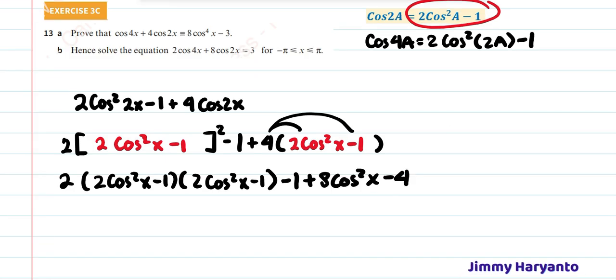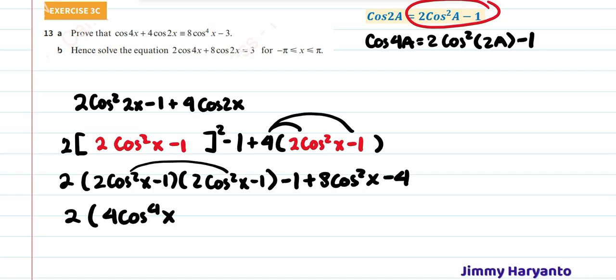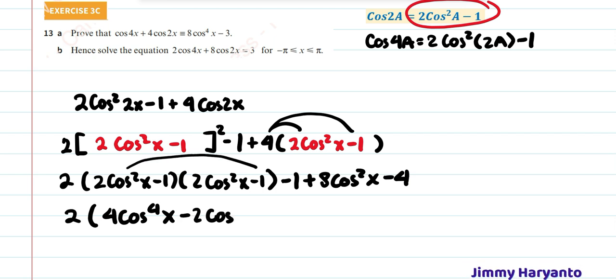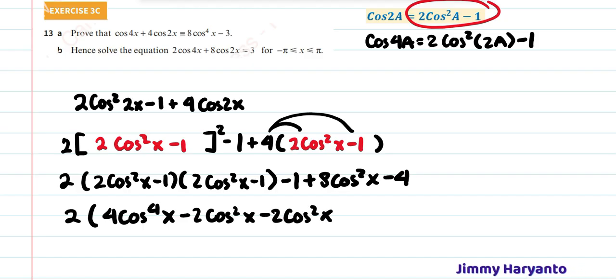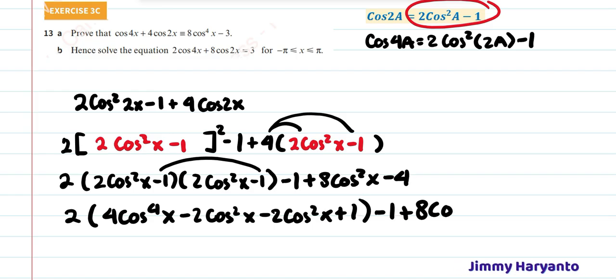Okay, next is to expand this one. You'll have 4 cos to the power of 4x, and then this one is negative 2 cos square x, and this one is negative 2 cos square x, and the last one is plus 1, and then minus 1, and then plus 8 cos square x minus 4.